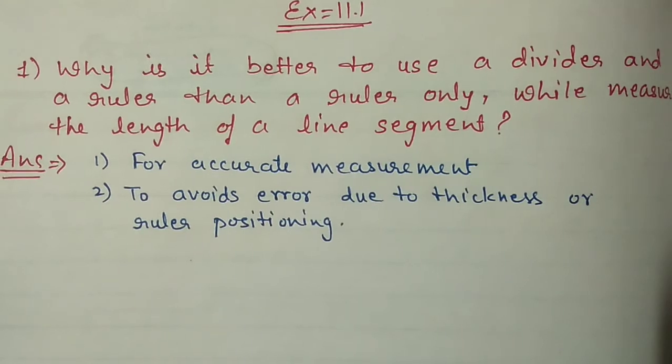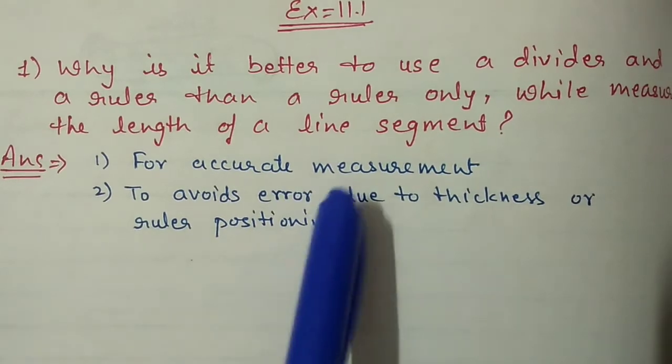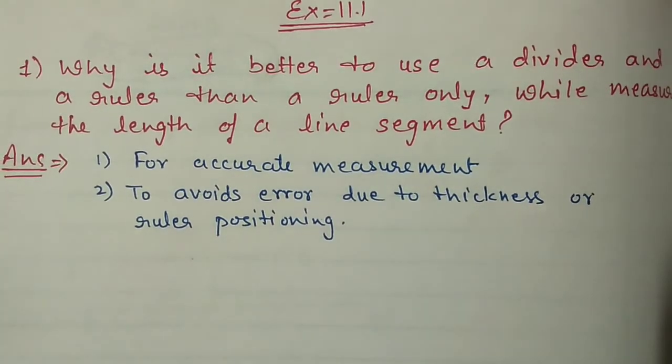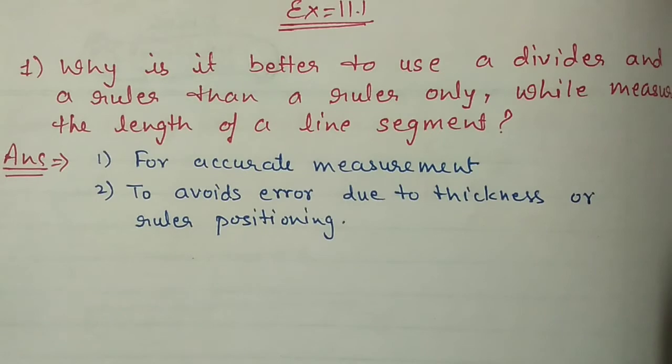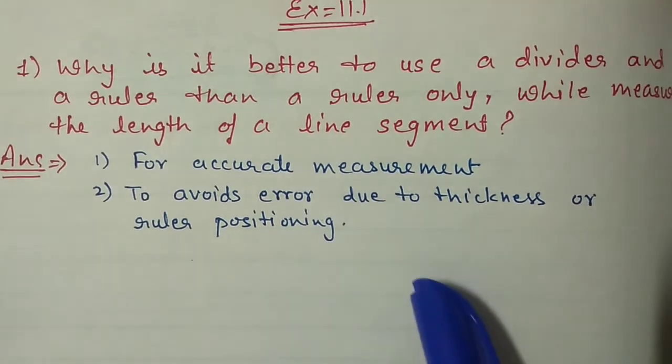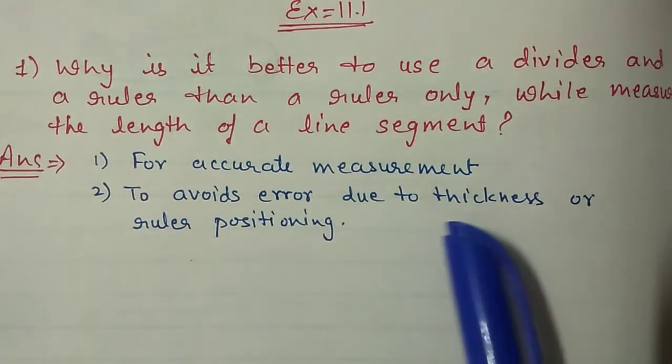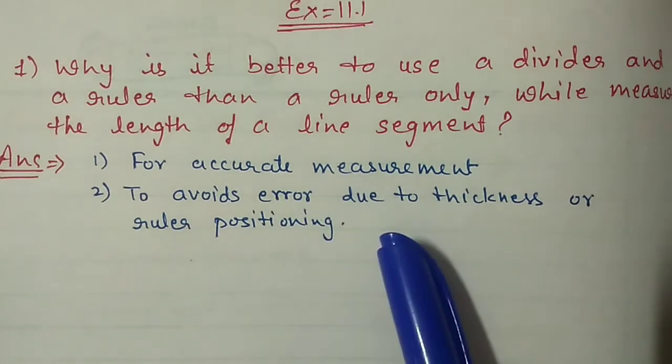Now we will start exercise 11.1. First question, why is it better to use a divider and a ruler than a ruler only while measuring the length of a line segment? So why are we using ruler and divider together? Because for getting accurate measurement. Sometimes when we measure with the help of a ruler, we will not keep it properly, then we will not be able to measure that length accurately.